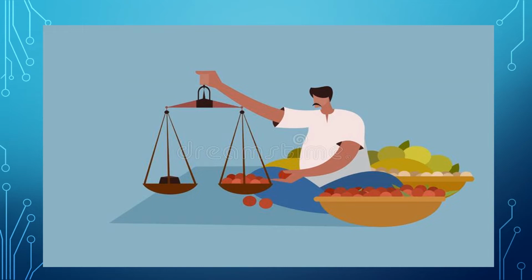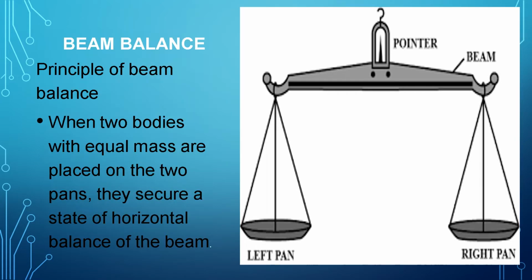Let me explain more about the beam balance. Yes, you can see here the picture of the beam balance. A beam balance is made up of a very strong beam, generally made of iron. At the center of this beam there is a loop, and inside the loop the pointer will be there.